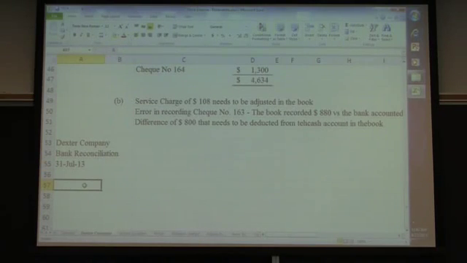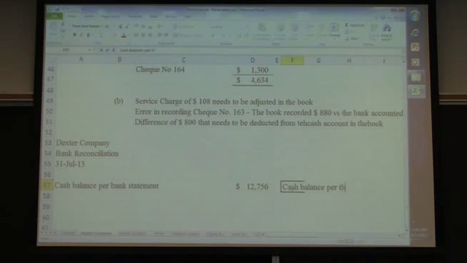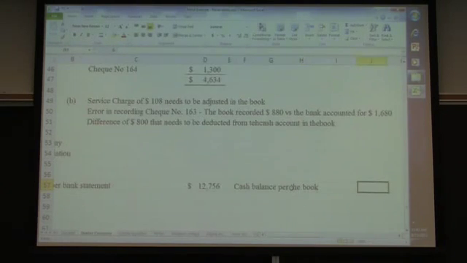So we're going to go down here: cash balance per bank statement. The bank statement they have provided is 12,756. And then we put here the cash balance per the book, and the balance they have given you is 10,218.